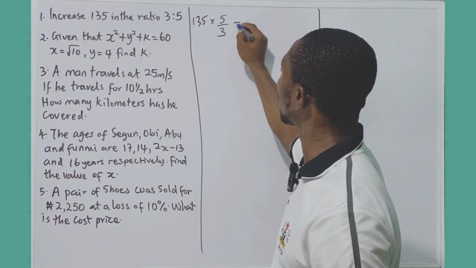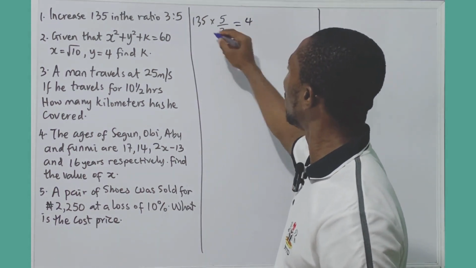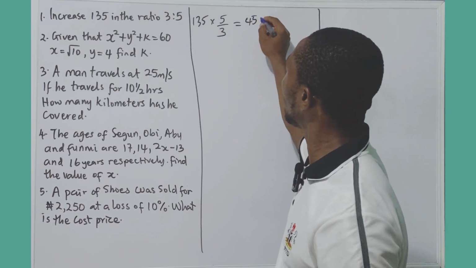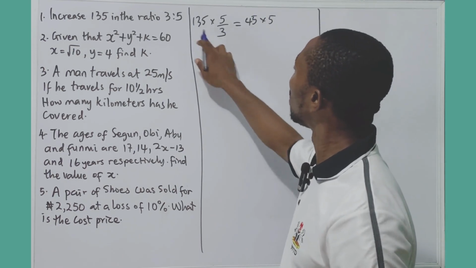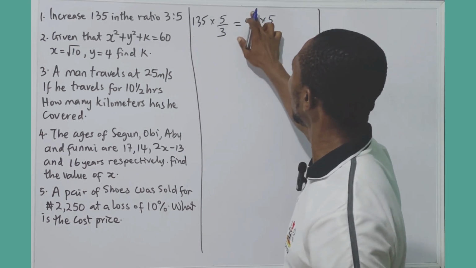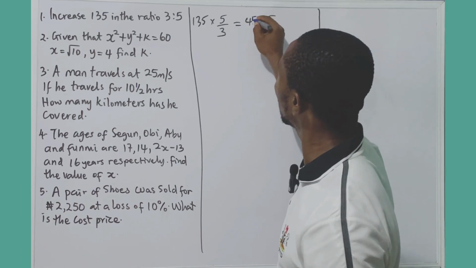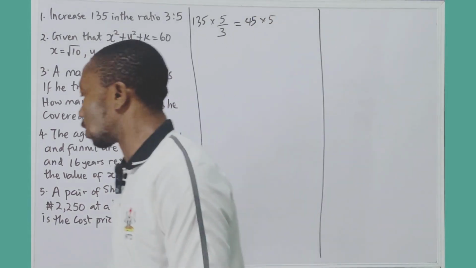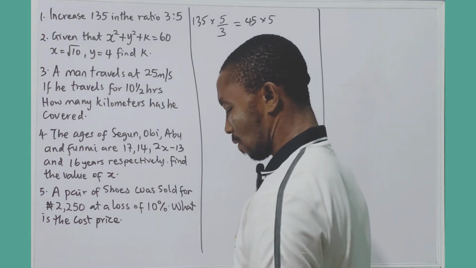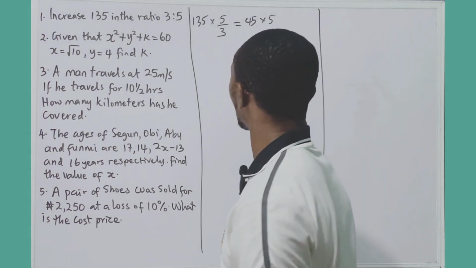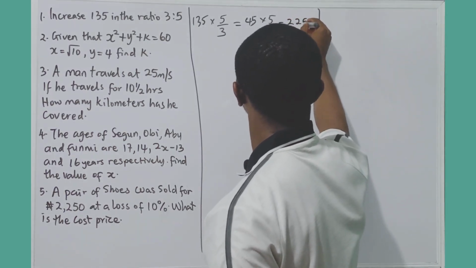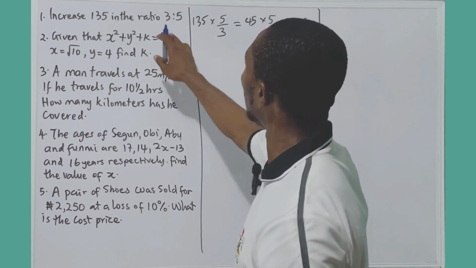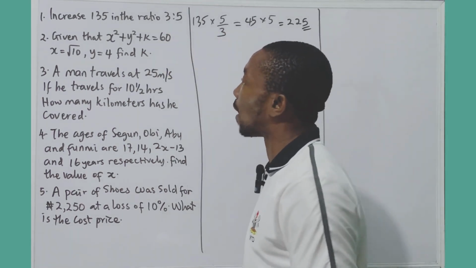So 3 into 135 is 45. 45 times 5 gives us 225. So the new increase would be 225.